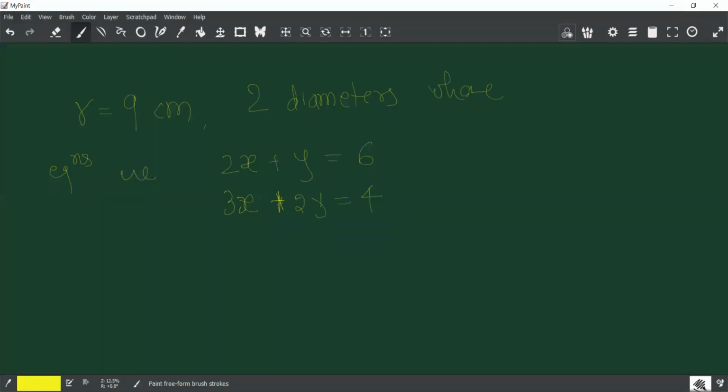Two equations of diameters are given, and the radius is given. You have to find the equation of the circle.